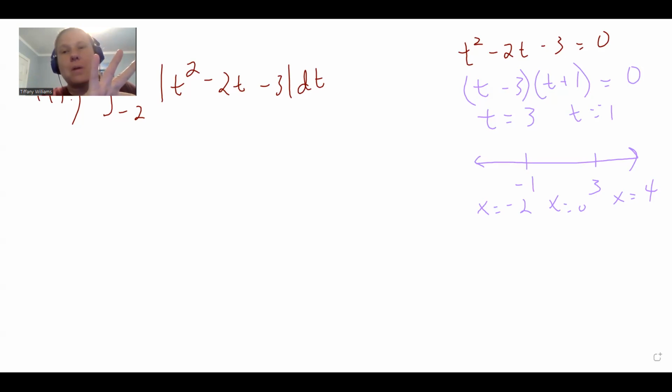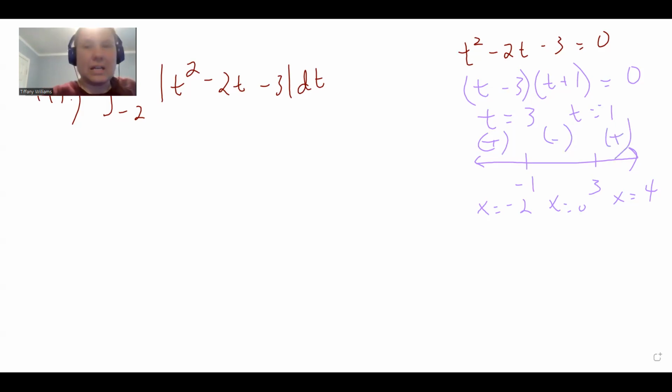So that's an 8. 8 minus 3 is +5. This is a positive on this side. If I plug in 0, I love plugging in 0, I'm going to get -3, so that's a negative. And then if I plug in 4, 4 squared is 16, minus 8 is 8. 8 minus 3 doesn't matter, it's positive.